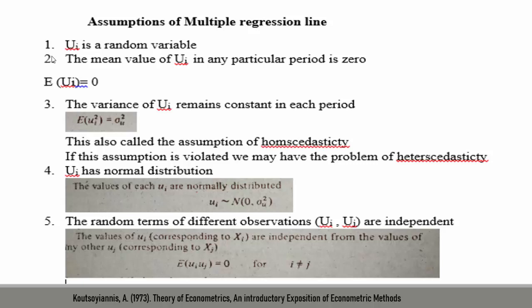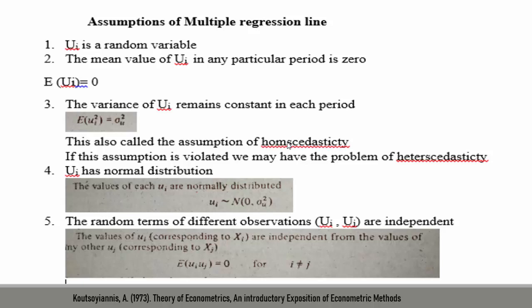The second assumption is that the mean value of ui in any particular period is 0, or the expected value of ui is 0. Similarly, assumption number 3 is that the variance of ui remains constant in each period. Symbolically, we can write mathematically the expected value of ui square is equal to sigma square u, which is a constant. This assumption is known as the assumption of homoscedasticity, which means that the variance is constant.